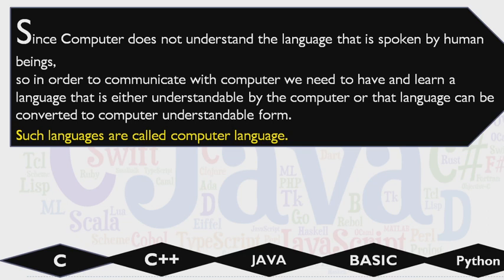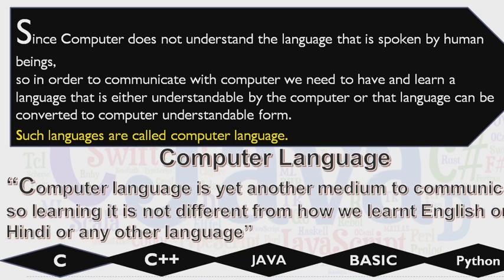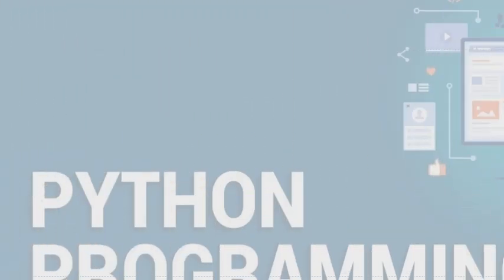C, C++, Java, Basic, Python are all examples of high level languages. It is a medium to communicate with the computer, and learning these languages is not very different from the process of learning English, Hindi or any other language.